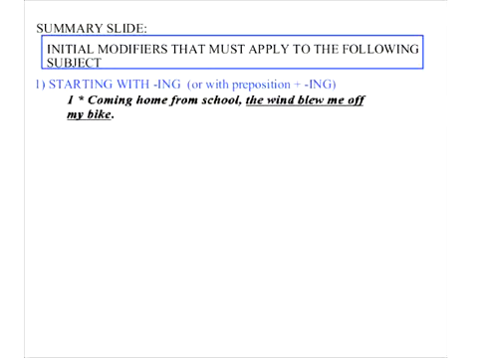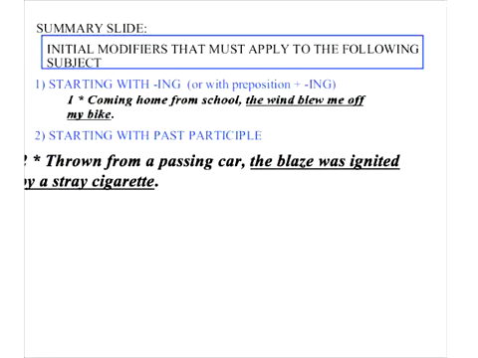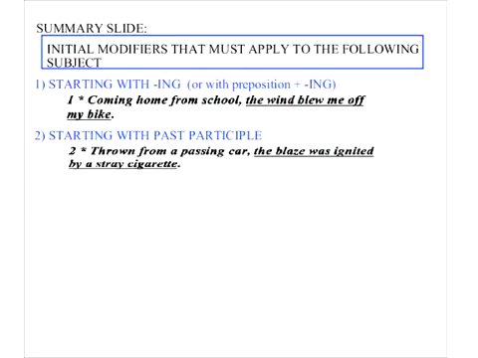Second one we had starting with a past participle. So the example we had there was thrown from a passing car, the blaze ignited. I mean, people can't throw a blaze out of a car.